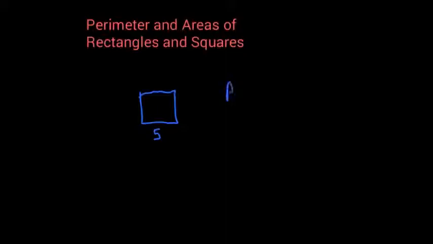The perimeter of a square is 4s, and the area of a square is side squared, which simply means side times side.